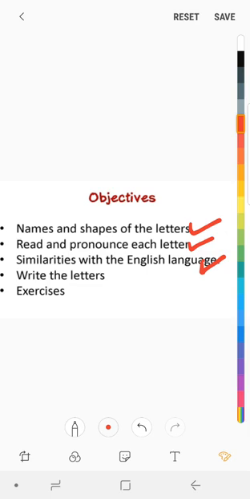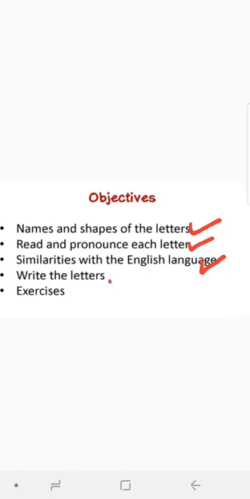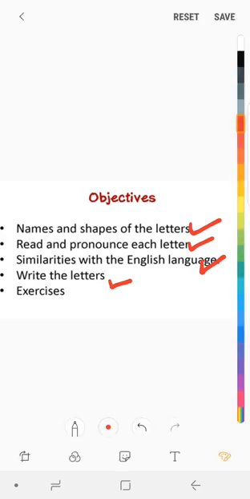But some Arabic letters we can match with English letters, only to remember how to pronounce them. And then we should know how to write the Arabic letters, what are their shapes and what are their sounds.